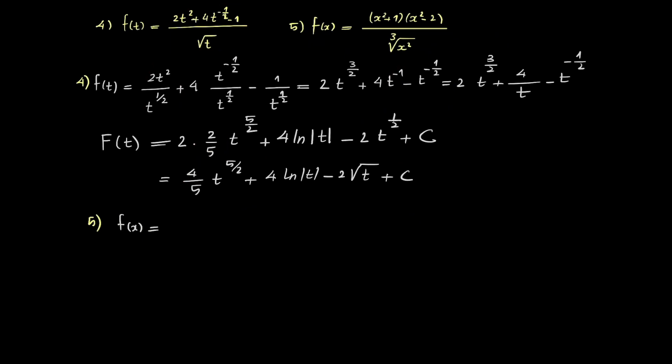You just multiply. Multiply and then use the same idea, yes? So I multiply, so this is my fraction line, so this becomes x to the 4th minus 2x squared plus x squared minus 2.